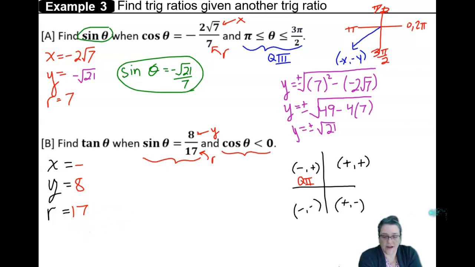So we want to find the x, and just like we did in example A, we're going to use the Pythagorean theorem to do that. So our x is going to be equal to the square root of the radius squared, which is 17 squared, minus the y value squared.